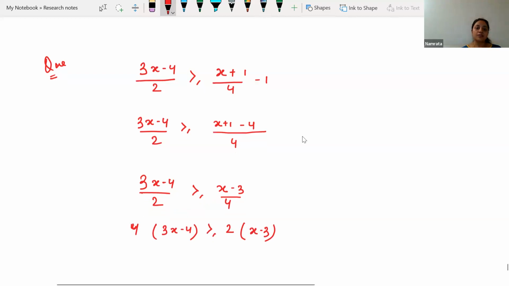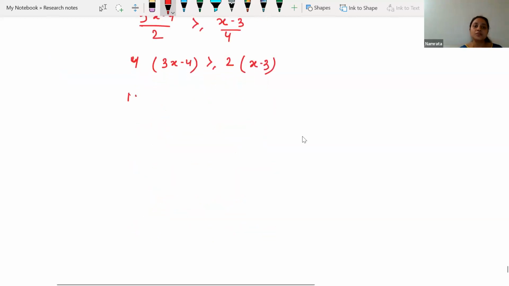So now we'll be having 12x minus 16 is greater or equal to 2x minus 6. Now let's keep x with x and constant with constant.